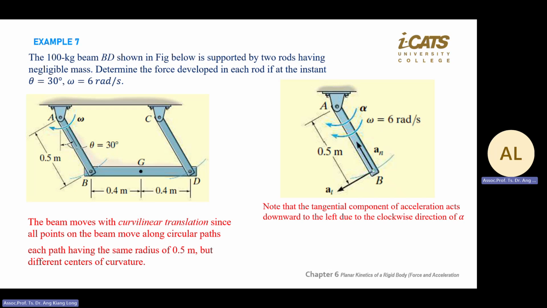Your AN is always pointing inside the curve. And point A is a fixed point, there's nothing there. But you need to put in your angular velocity, given in the question as 6 radian per second, and alpha follows the velocity direction. This is quite direct.